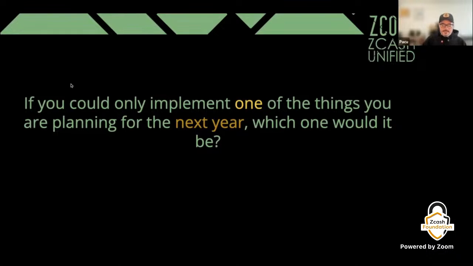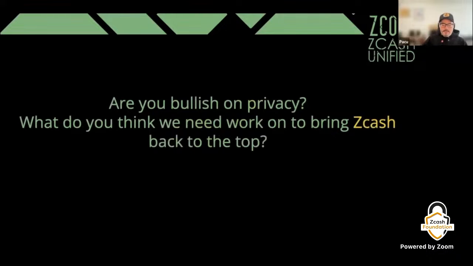That's pretty nice. I guess everyone here is bullish on privacy, but are you still bullish on privacy? And what do you think we, as part of the Zcash ecosystem, need to work on to bring Zcash back to the top?